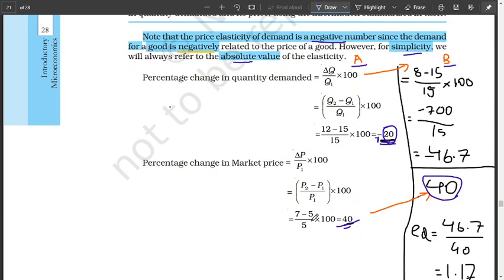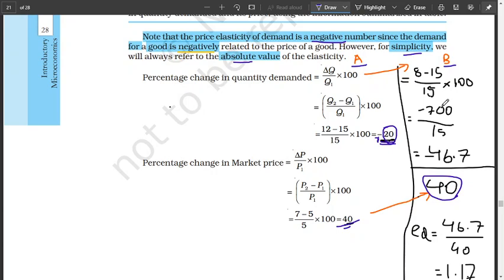Because the price has risen from 5 to 7, he will buy less, from 15 to 8, not 15 to 12. The first individual buys less from 15 to 12. The second individual, 15 to 8. You compare, he's really buying less.